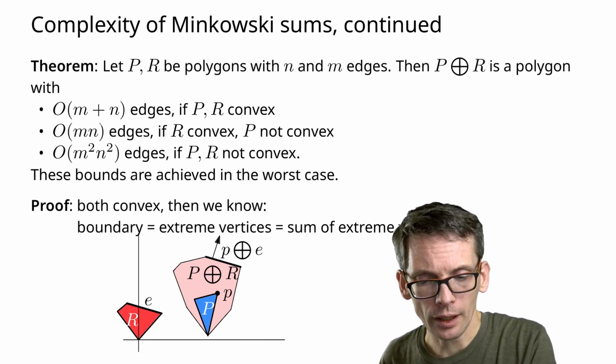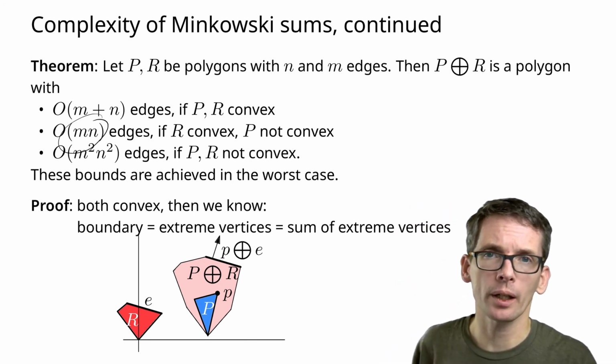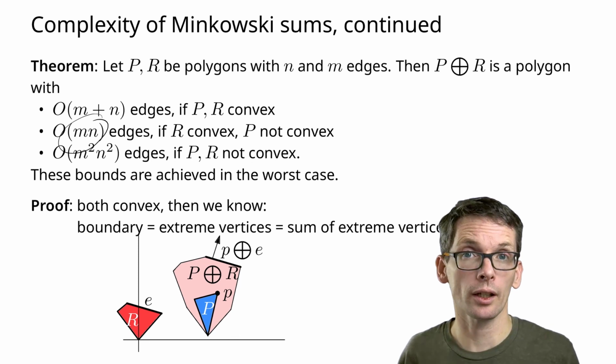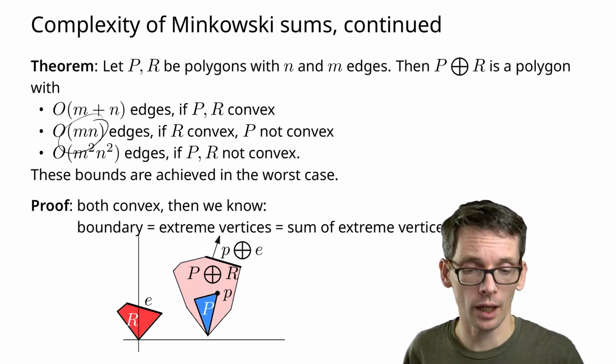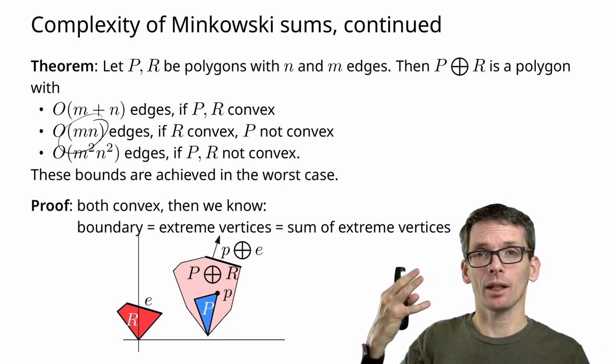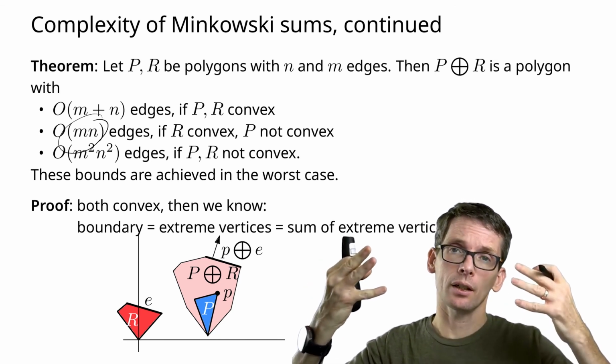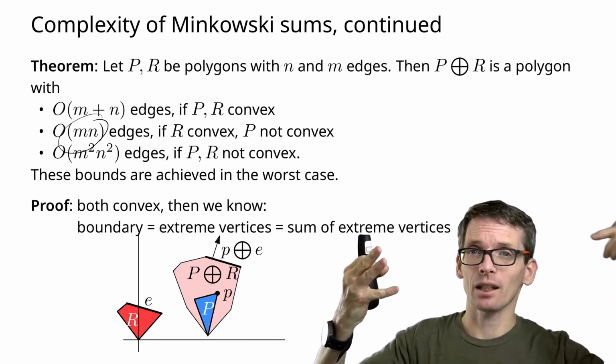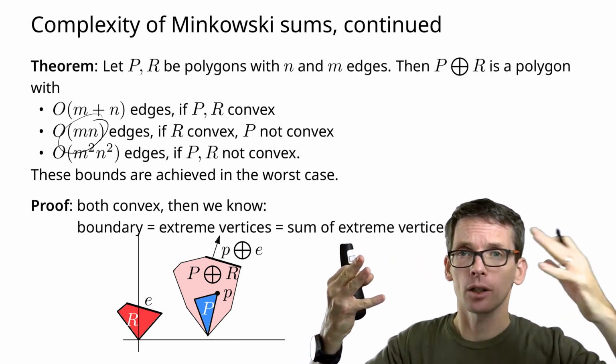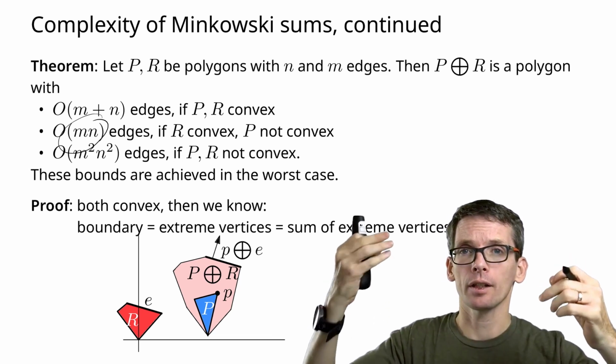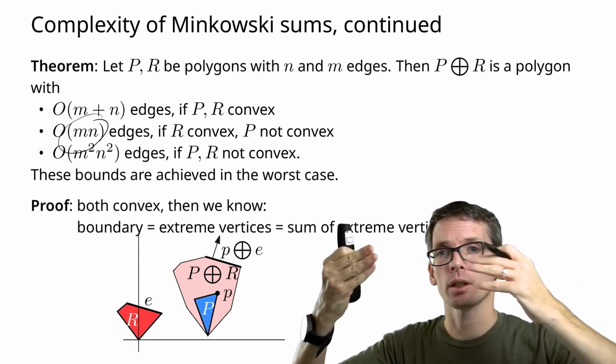Now for the second case, so for the m times n, we've already used this construction actually in the previous algorithm, where we simply said, okay, if I have something convex and something that is non-convex, I can take the non-convex object, triangulate it, and then take the Minkowski sum of that object with every triangle.